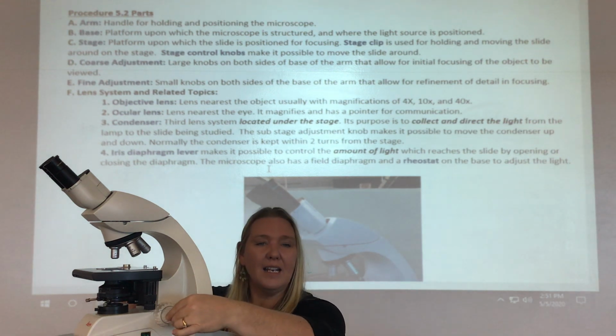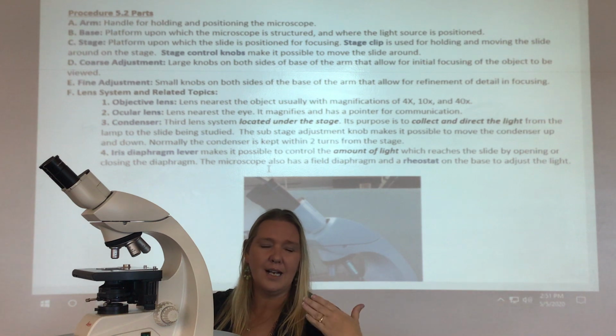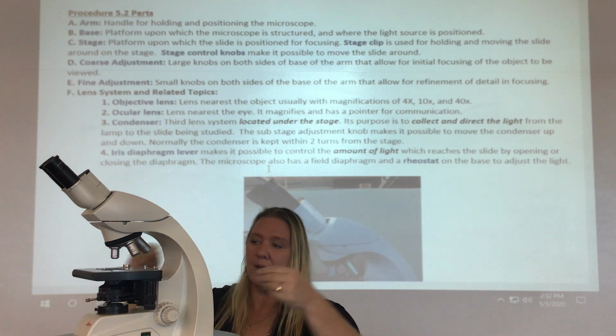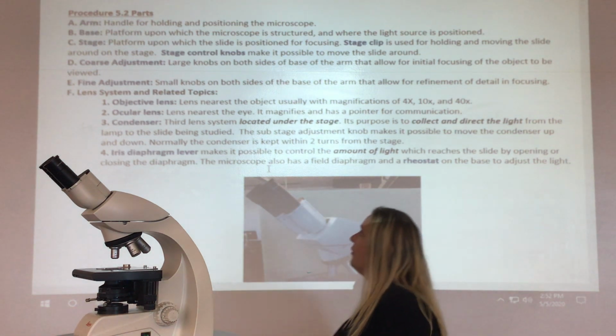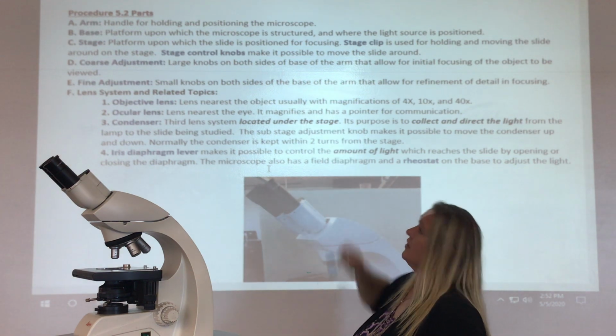You would take the fine adjustment and adjust it just a little bit. It's like when you go to the doctor for glasses and they ask, this one or this one? They're giving you just a little bit of tiny adjustment. So that's the coarse adjustment and the fine adjustment.